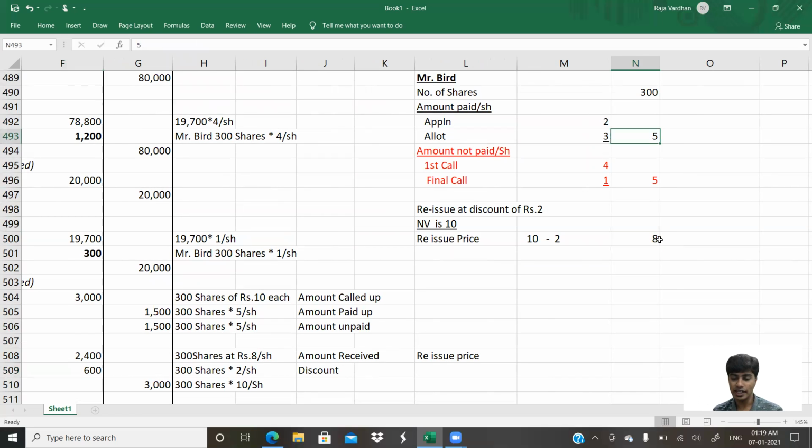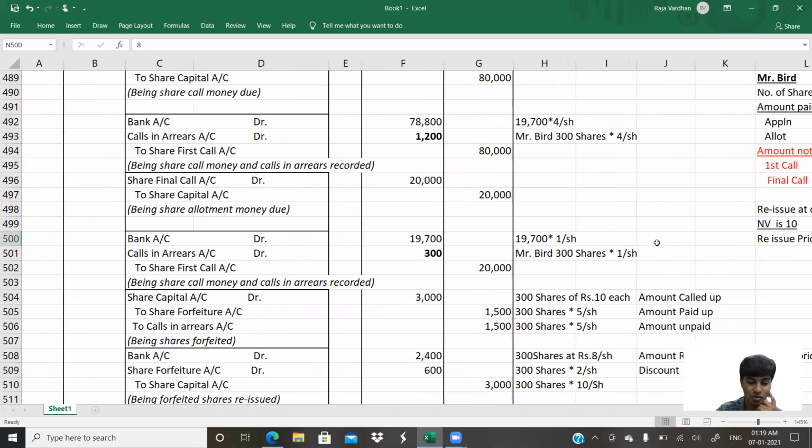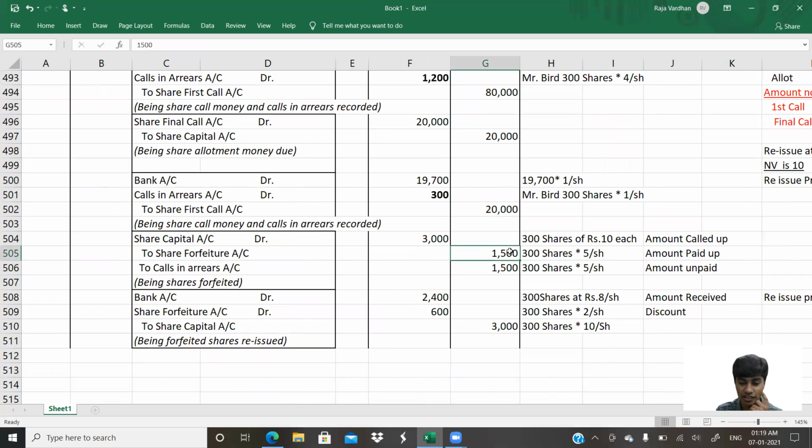I told you 5 plus 8, 13 rupees. 5 rupees received previously, 8 rupees received now. So totally how much will it come to? 13. Share value 10, you have received 13. 3 rupees extra. 3 rupees per share you collected extra. Into how many shares? 300 shares. 300 into 3, 900. How much do we get here? 1500 minus 600, technically 900. So 900 is profit. How simple.